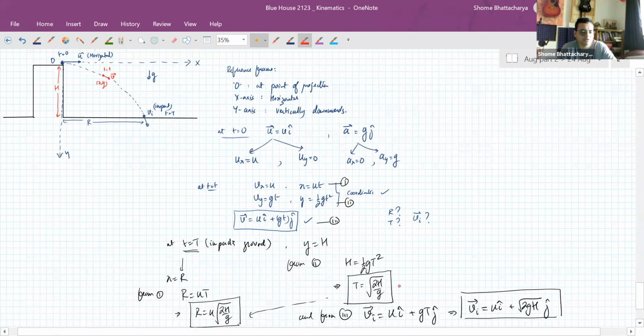We are substituting capital T here, and of course here also, to get these. So this gives us the three important things: the time, the distance at which it lands on the ground, and the impact velocity.